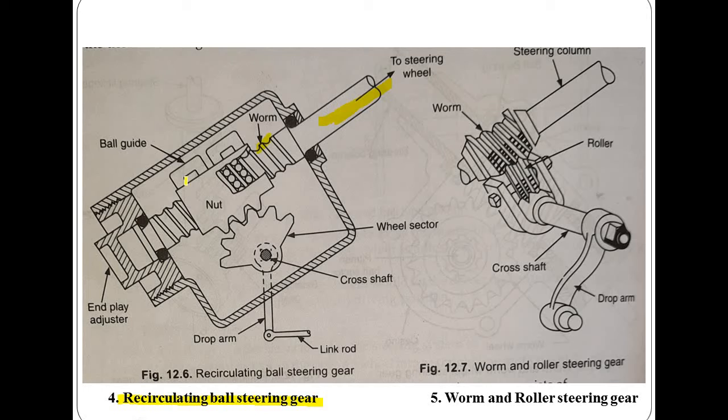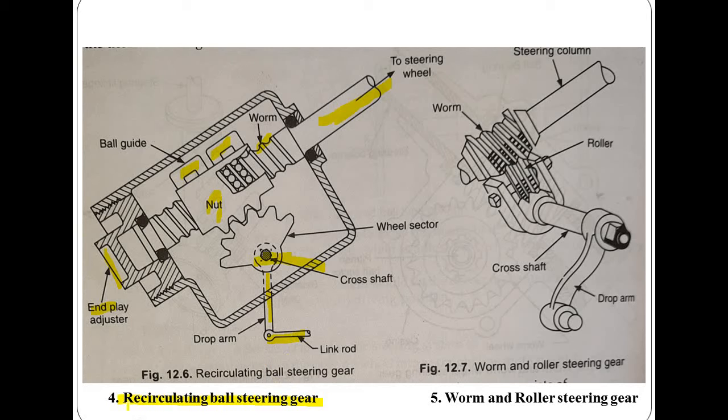Here the worm is there, then ball guides, the end play adjuster, and then the nut. This is the cross shaft, this is the link rod, and this is the drop arm. So we are talking about the steering gearbox inside and how the mechanism is operated.